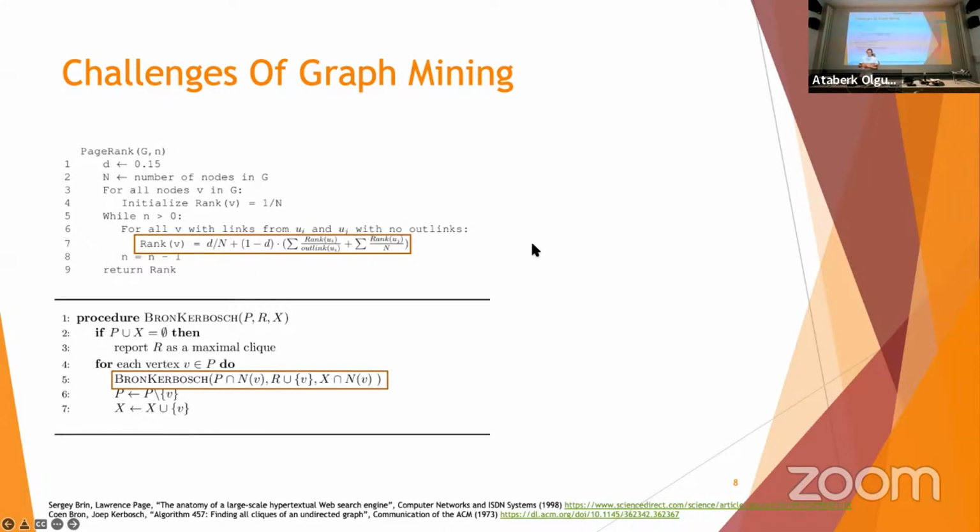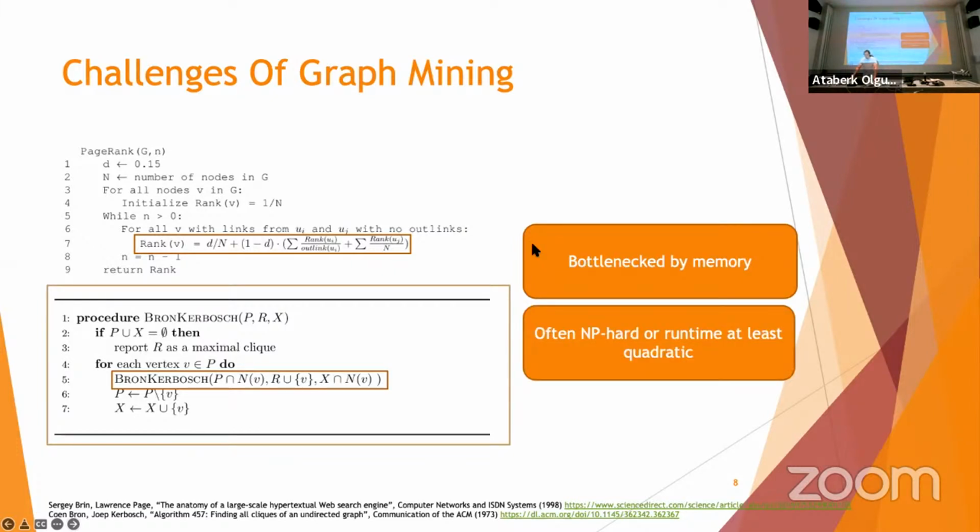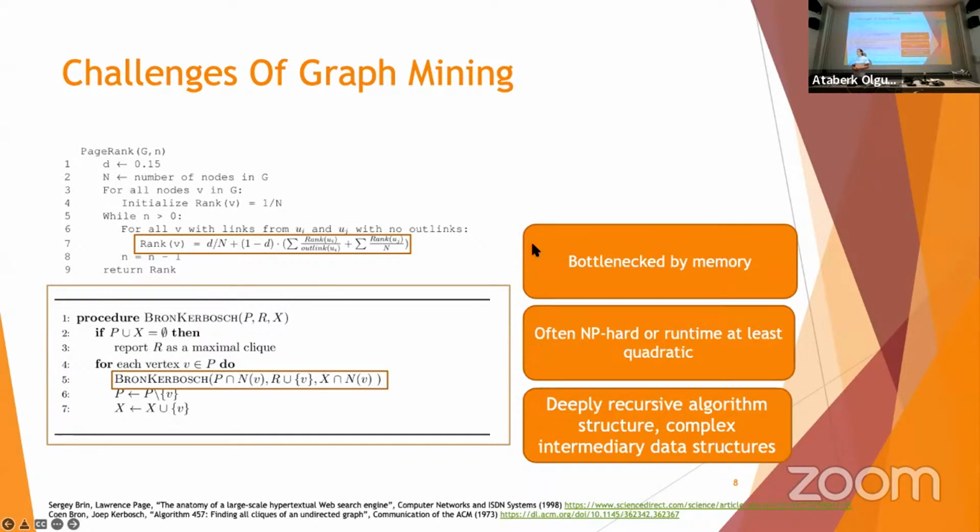While PageRank just sends a few messages between nodes and does very basic computations, Bron-Kerbosch has this recursive call and spawns complex intermediate data structures. Today we want to focus on those kinds of graph mining algorithms because they're bottlenecked by memory. Well, to be fair, PageRank is also bottlenecked by memory, but in a different way. They are often NP-hard or have a runtime at least quadratic. And as mentioned, they have a deeply recursive algorithm structure and spawn complex intermediary data structures.